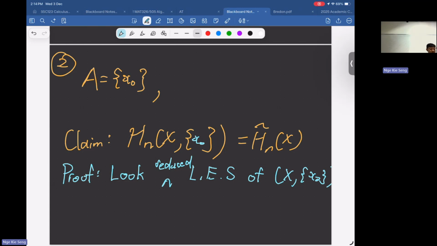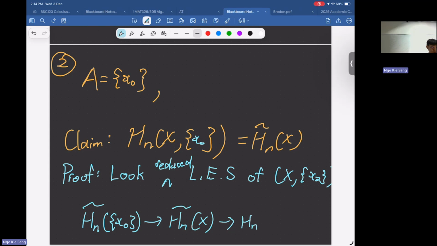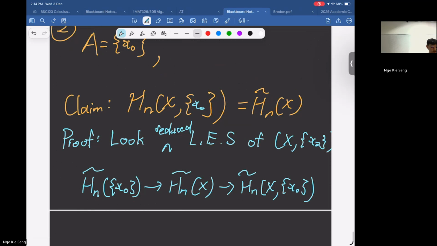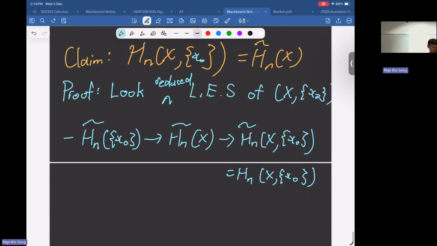So if we have the reduced version, what do we have? It's H_n tilde of this point going into H_n tilde of X, and then going into H_n of (X, x_0), like that. But tilde is the same as without tilde, we discussed just now. And then you can keep going on until the H_0 part, maybe I'll write one more H_{n-1}.